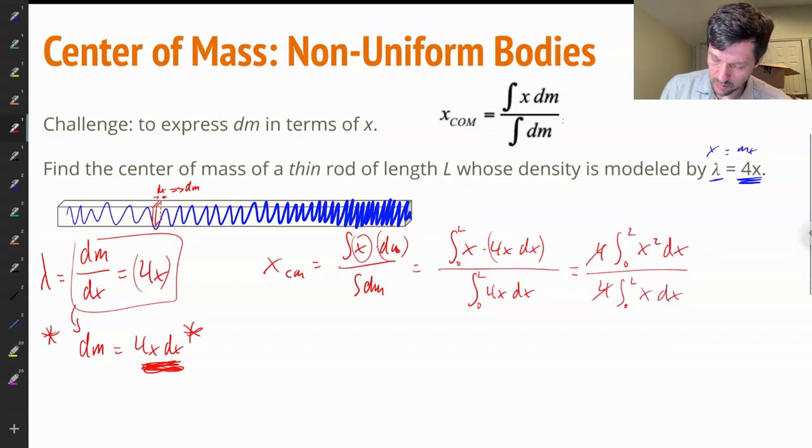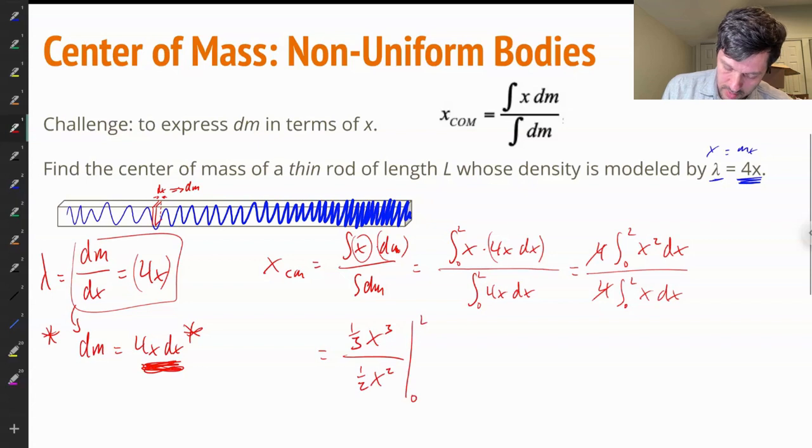Well, 4 cancels with 4. It simplifies it just a little bit. So now let's take the integrals. The integral of x squared is going to be 1/3 x cubed, divided by the integral of x, which is 1/2 x squared. And we're going to evaluate that from 0 to L.